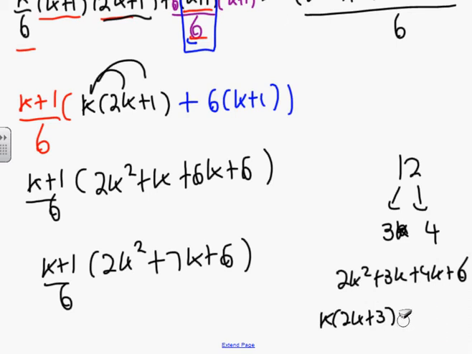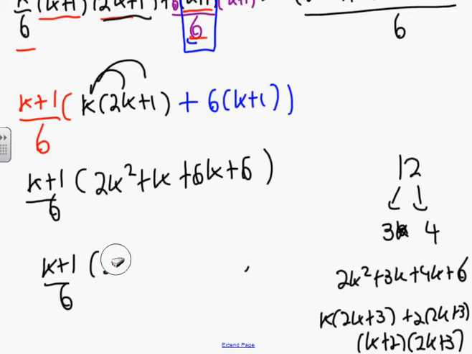Was it plus 2 into 2k plus 3? And that's going to be k plus 2 into 2k plus 3. Factorising. Okay, assuming we're all taking care of that at this stage. And then all I have to do is replace it in k plus 2, 2k plus 3.